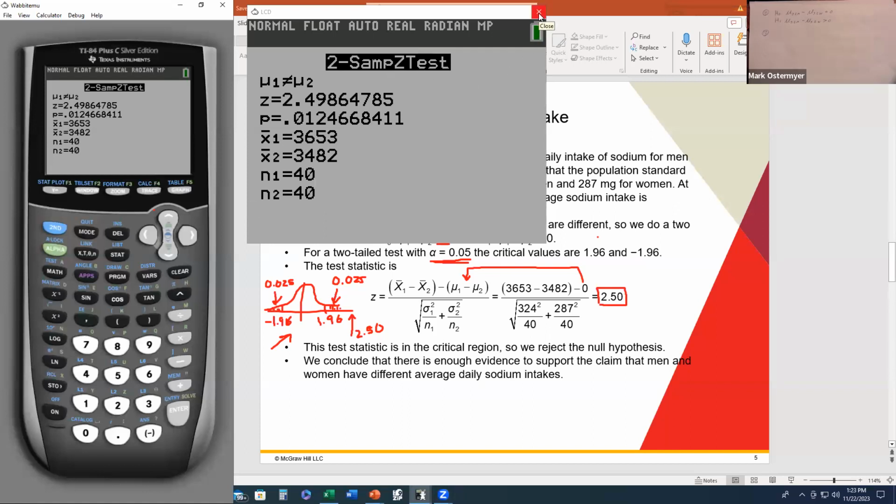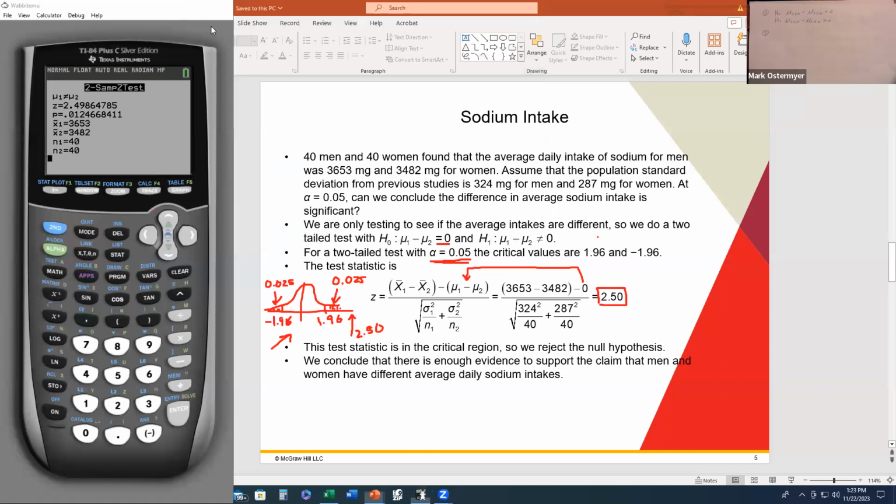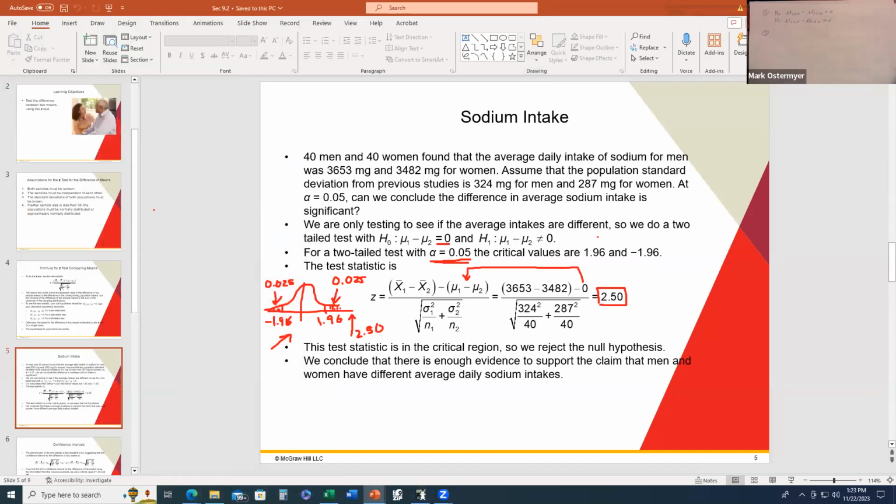Any questions how we did this test, either manually or using the p-value method?